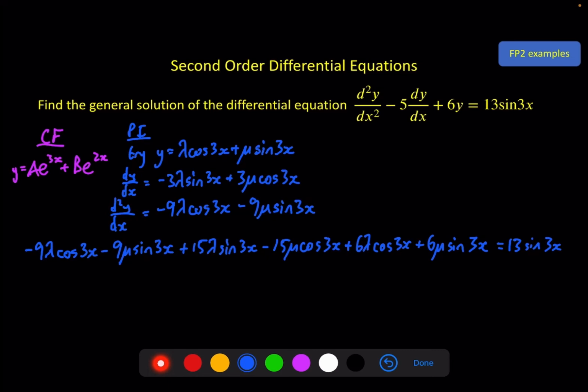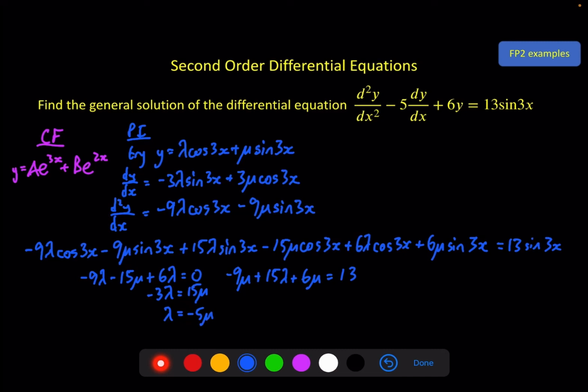Splitting those two off to make our simultaneous equations gives us minus 9λ minus 15μ plus 6λ for cosine, so that has to equal 0. For sine, we get minus 9μ plus 15λ plus 6μ equals 13. Solving these, we have minus 3λ equals 15μ here, so λ is equal to minus 5μ.